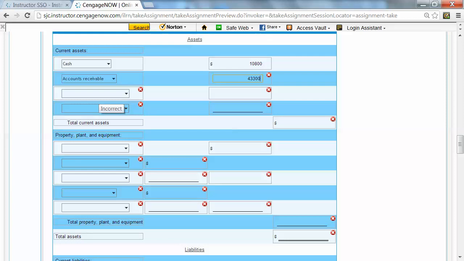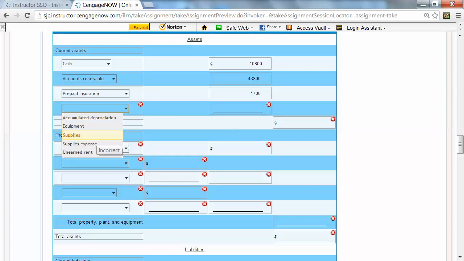Now you notice it's saying incorrect. That's because I had no answer there when I checked my work. The next item is prepaid insurance. Prepaid insurance is 1,700. I have supplies. These are the supplies that are on hand that haven't been used yet. I have 900 left.